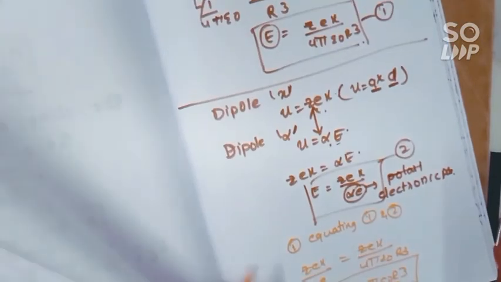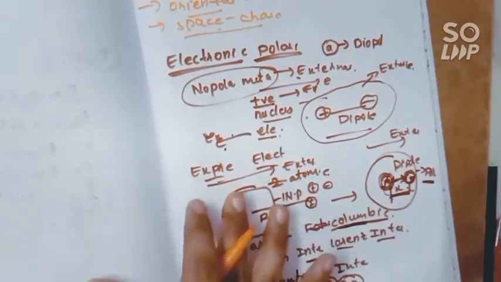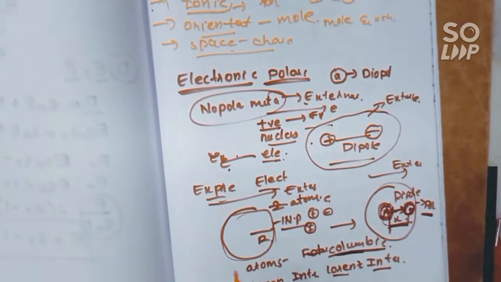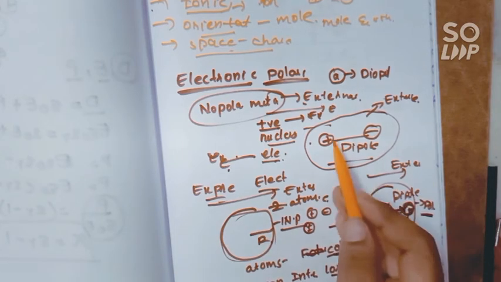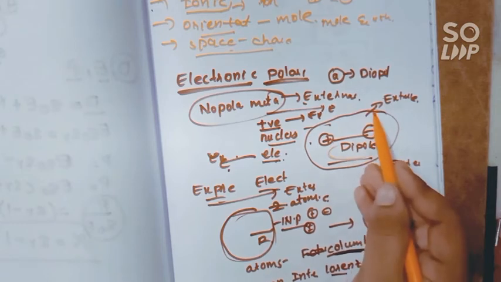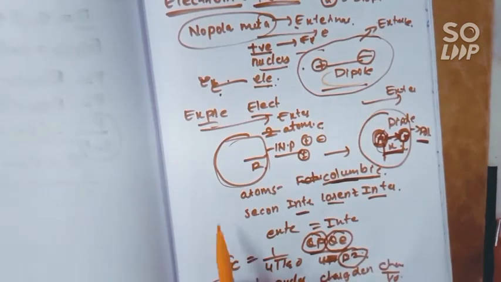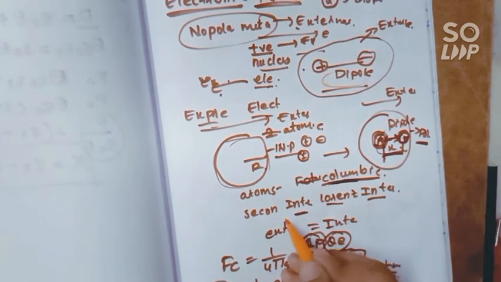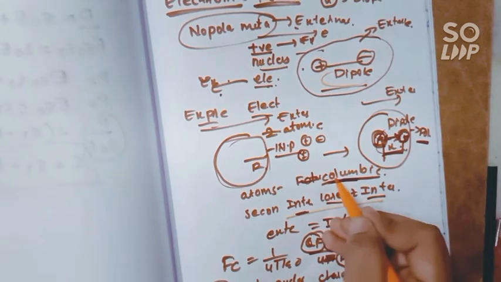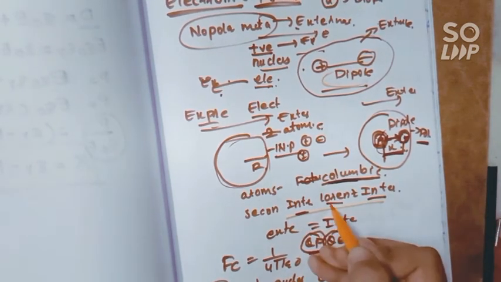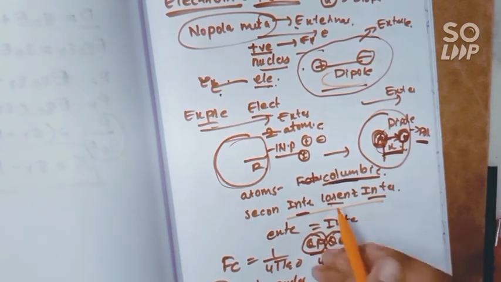I will remind once again: we are taking electronic polarization. For electronic polarization, we consider a non-polar atom, and it gets converted into a polar atom. By separating some distance, we have some dipole moment in the presence of an external electric field. When it is separated, two forces are developed: one is the Coulombic force, the other is the Lorentz force. The Coulombic force separates the atoms by some distance, whereas the Lorentz force attracts the atom to stay in the same position.